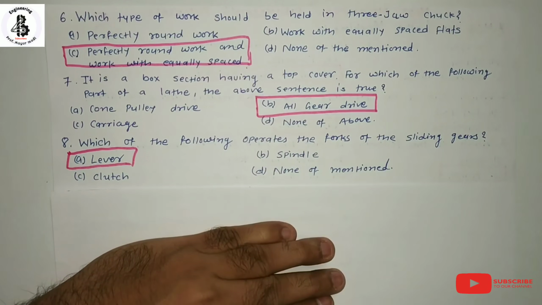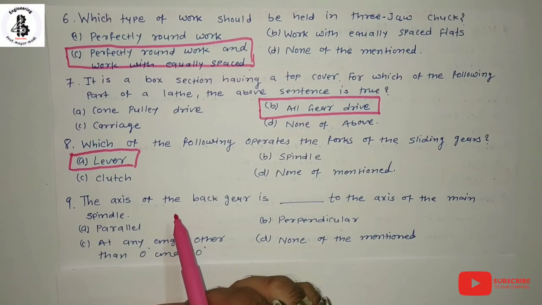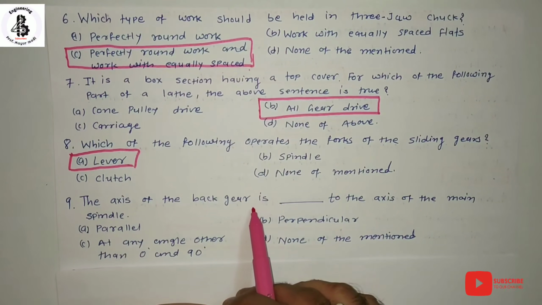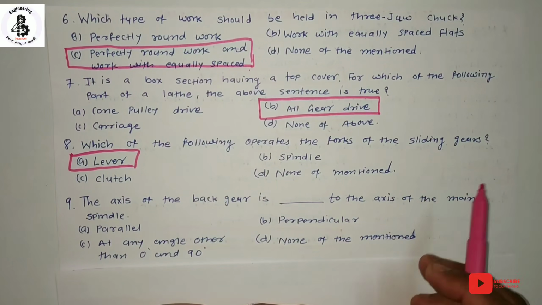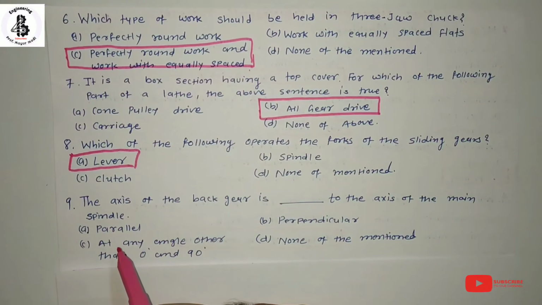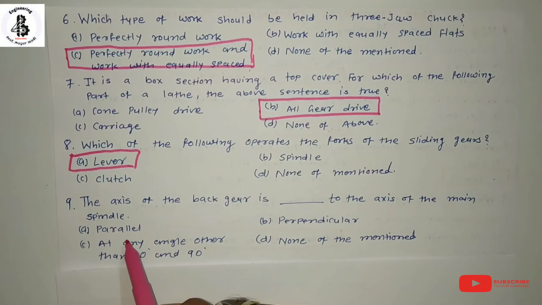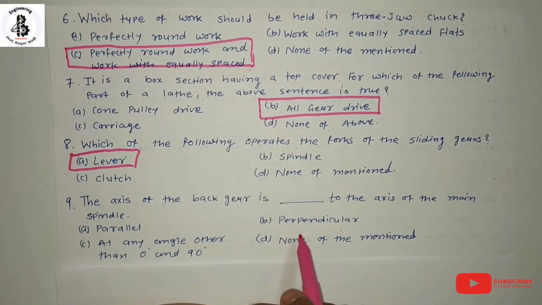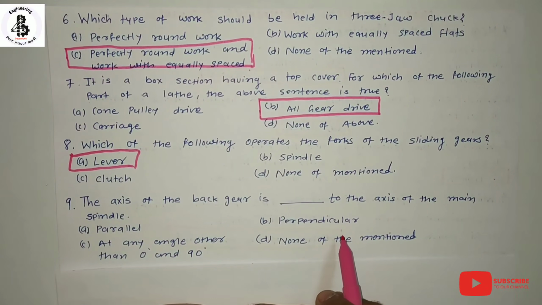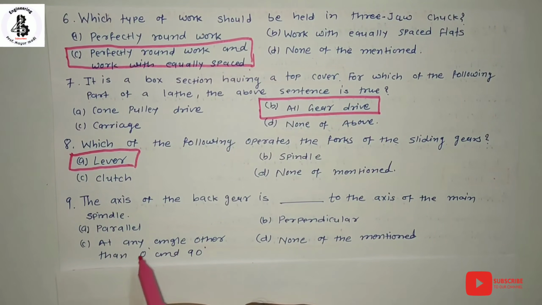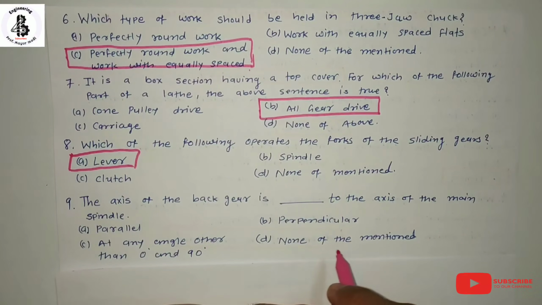Then next question, the axis of the back gear is what with respect to the axis of the main spindle? Option A, parallel to the axis of the main spindle. B, perpendicular to the axis of the main spindle. C, at any angle other than 90 and 0 to the axis of the main spindle, and none of the mentioned.